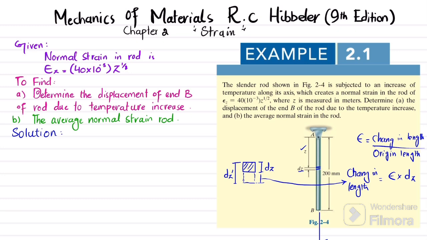Okay, now since the normal strain is reported at each point along the rod, a differential segment dz is located. This is the differential segment dz, which is located at a distance of z. So what we will do is that we will find the new length of this dz, which is subjected to the change in temperature. So this dz dash will be equal to this dz plus this change in length.